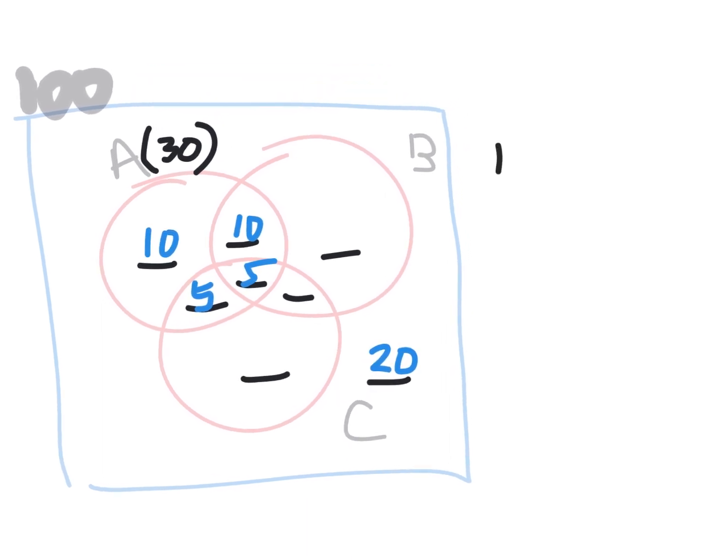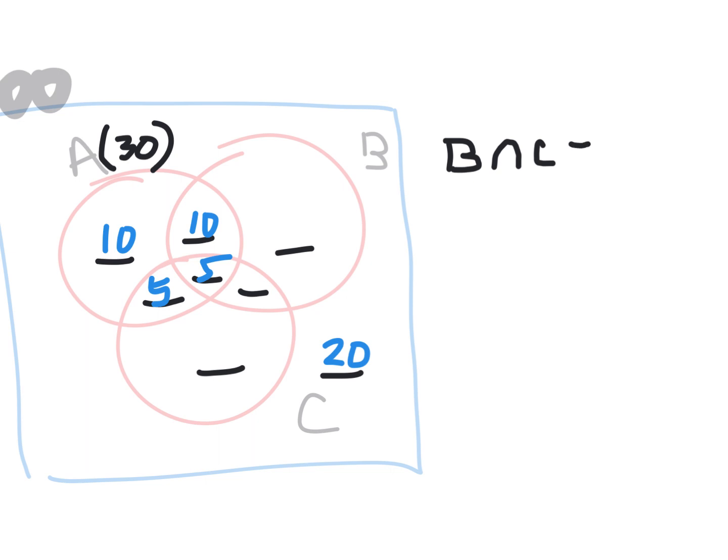The people who like bananas and carrots, did you get that that meant and? Did you know that that symbol meant and? I hope so. Bananas and carrots was 10. The people who liked bananas was 30.